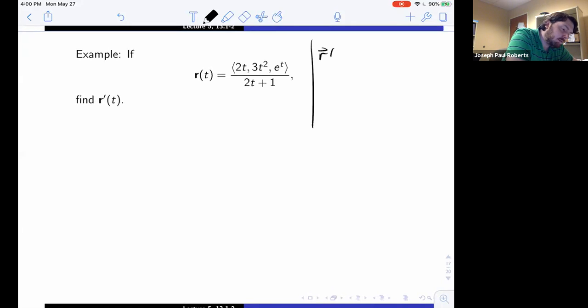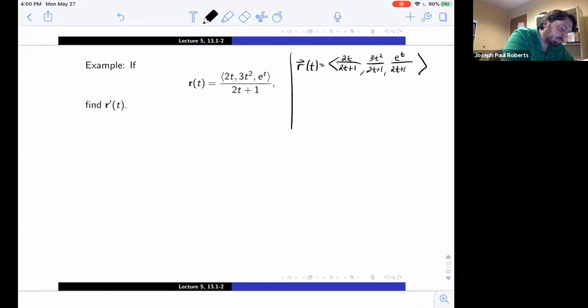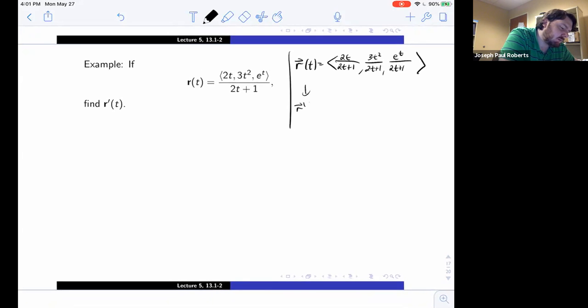One way is to do this scalar multiplication, scalar division, whatever you want to call it, right? Just remember how vector arithmetic works. That's what r of t is, 2t over 2t plus 1, 3t squared over 2t plus 1, e to the t over 2t plus 1, in which case for r prime of t, you would do the quotient rule on each component.